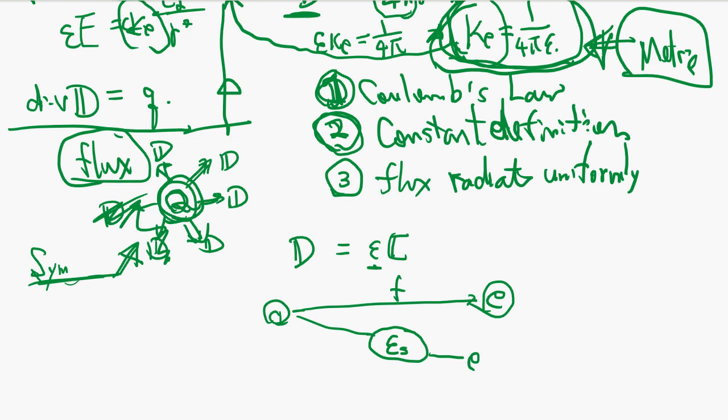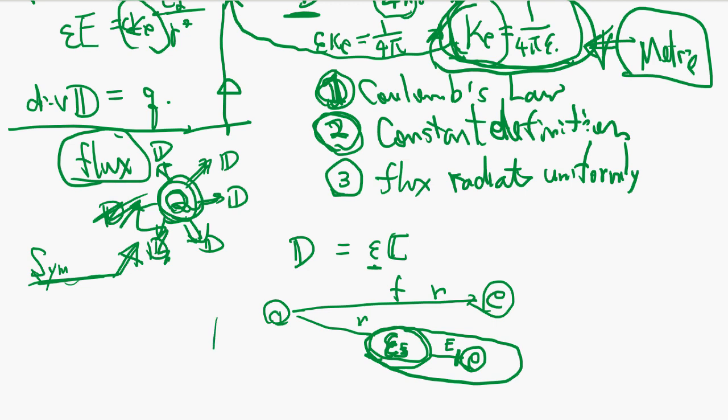So flux goes through this material surrounding this E. Even at the same distance, the electrical field here is different because the electric field is reduced by this polarizing material.